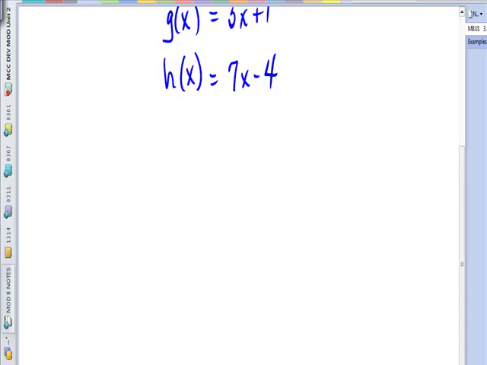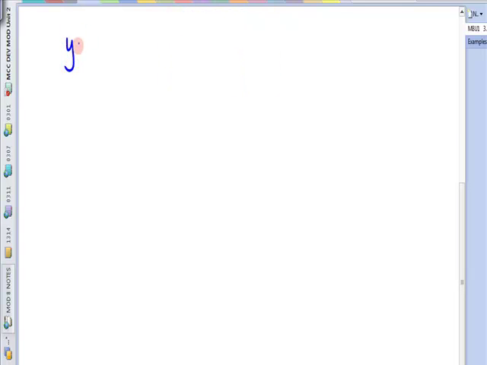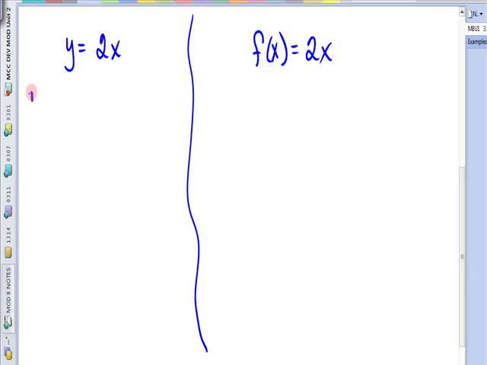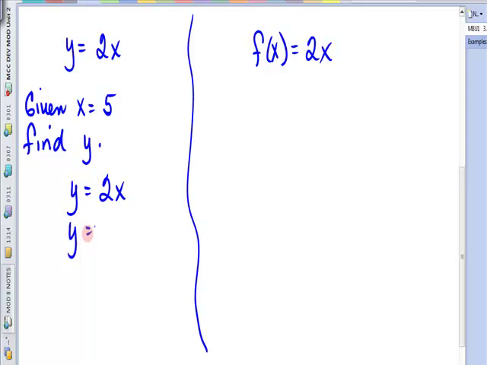Whereas you used to have y equals, I'm going to make it easy, 2x, now you might have f of x is 2x. In the old notation, if I said given x is 5, find y, you would say, okay, y is equal to 2x, y is equal to 2 times 5, y is equal to 10.